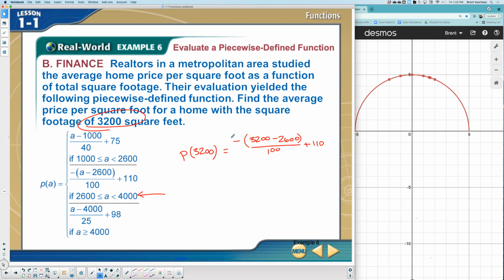Make it negative. It's now negative 600. Divided by positive 100 is a negative 6. So I have negative 6 plus 110. Negative 6 plus 110 is 104. The average price for a house that's 3,200 square feet would be $104 per square foot. That would be the price.